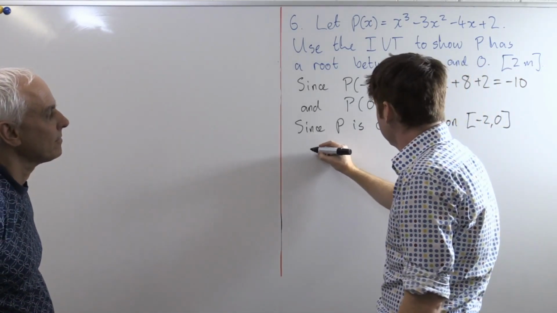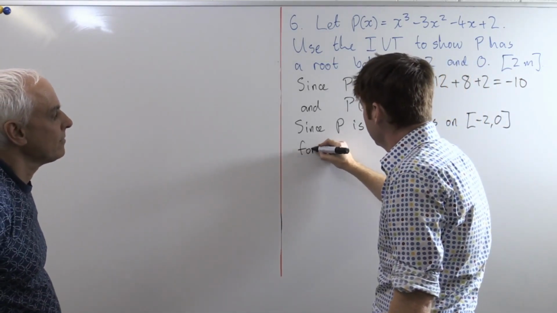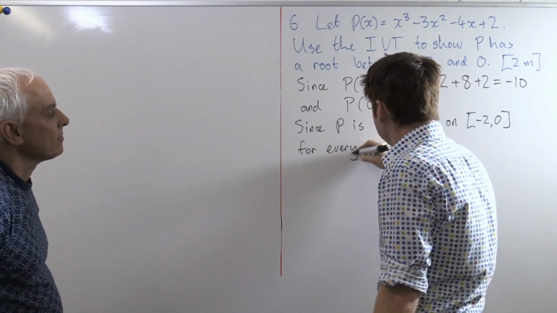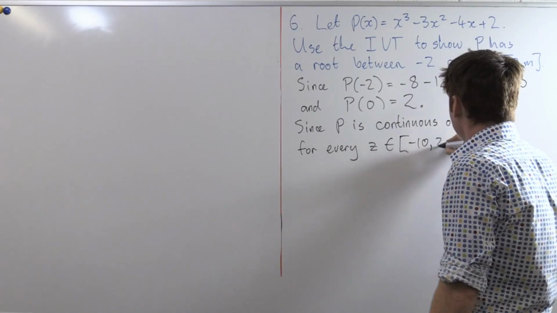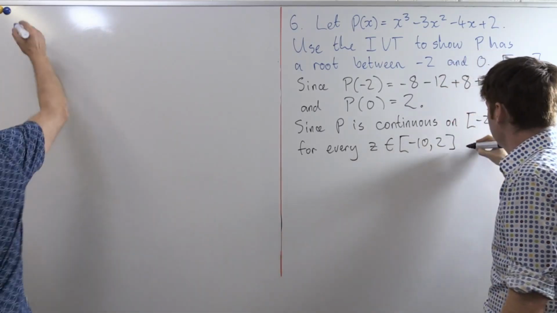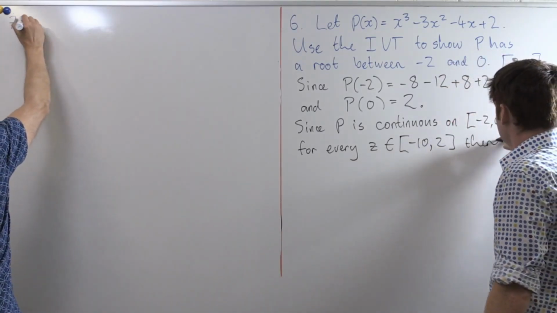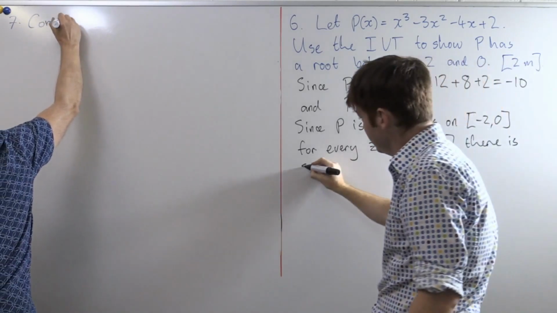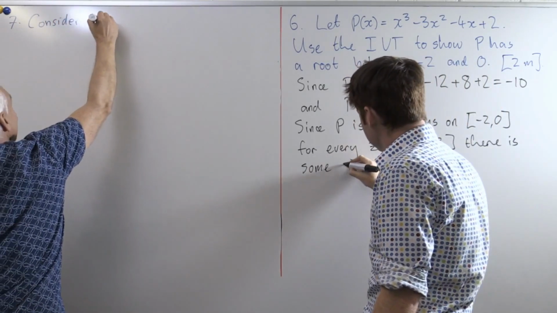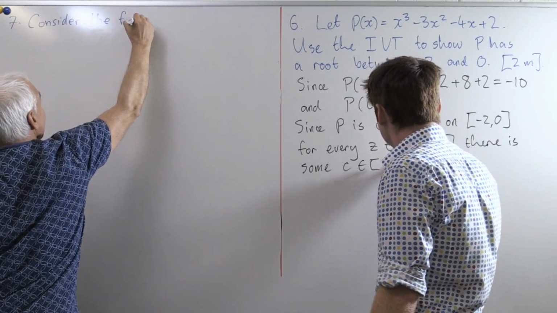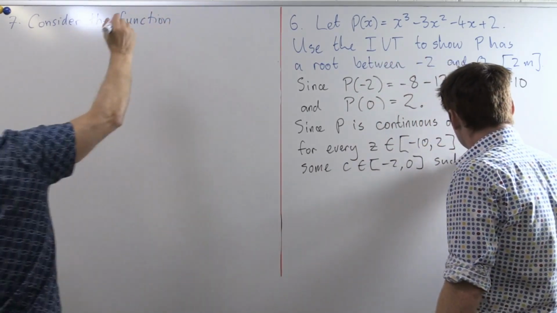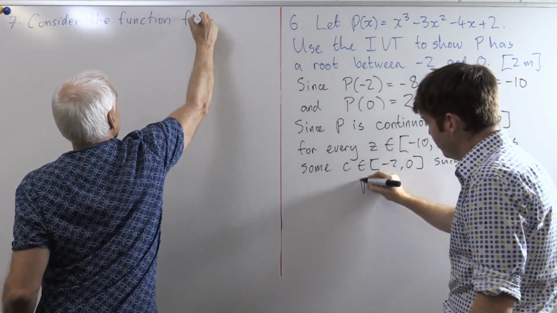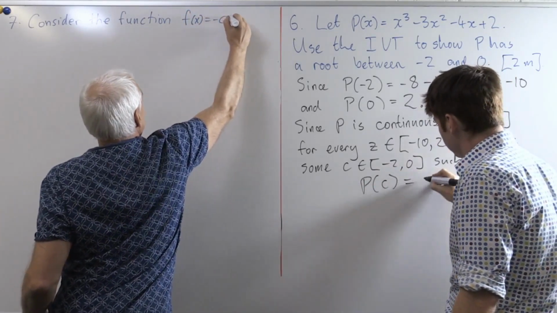That tells you that for every, say, z in the range -10 to 2, there is some c in the range -2 to 0 such that p of c is equal to z.